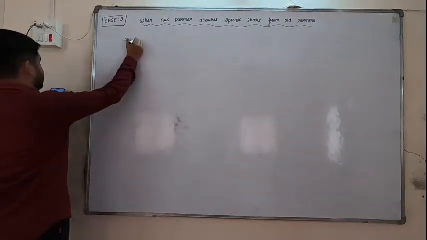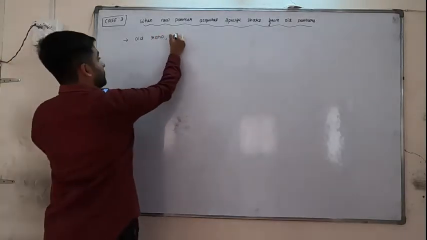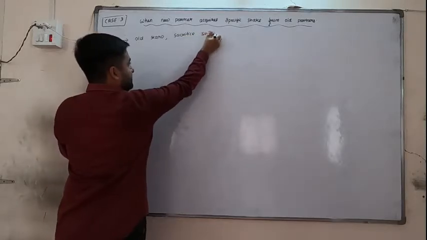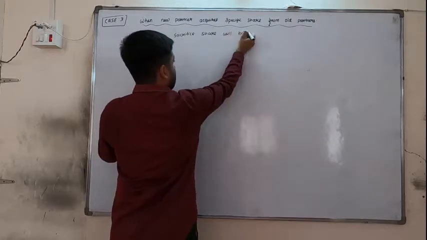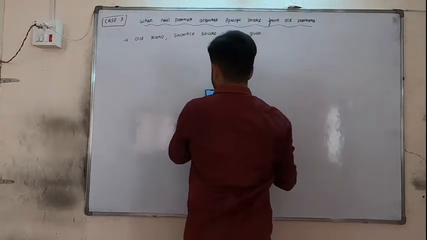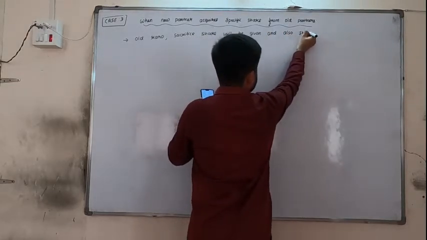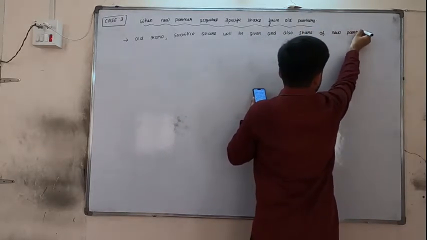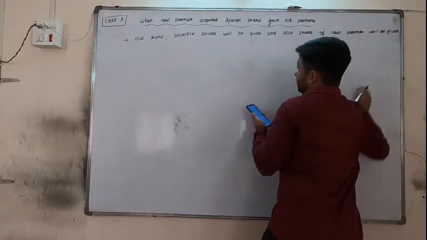Okay, in that first we will give the information: old ratio, comma, sacrifice share will be given, and also share of new partner will be given.